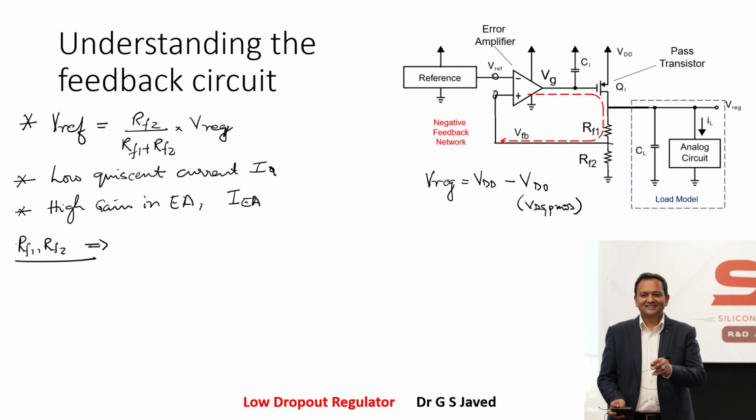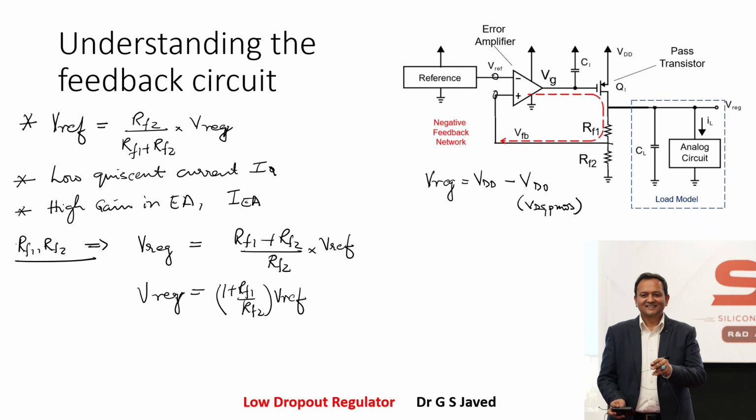It doesn't. You just need to look at the feedback factor that you want. Let us look at the regulated voltage output that you expect. That would be Rf1 plus Rf2 divided by Rf2 times your input reference voltage, which is given as 1 plus the ratio Rf1 by Rf2, times your Vref, and that is your regulated voltage.